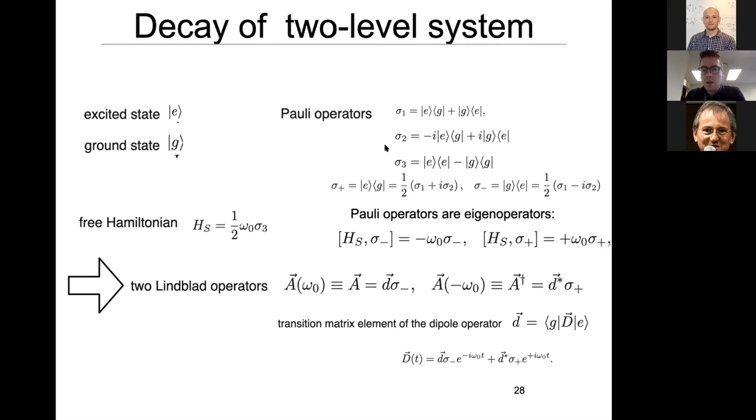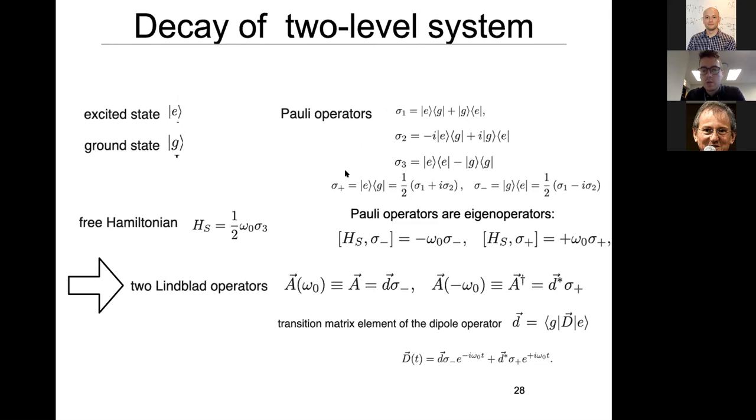Here these are just the definitions of the Pauli sigma, labeled sigma 1, sigma 2, sigma 3, but this is just the Pauli X, Pauli Y, and Pauli Z operators, written in this basis. The excited and ground states of our two-level system are the two eigenstates of our Pauli Z operator.